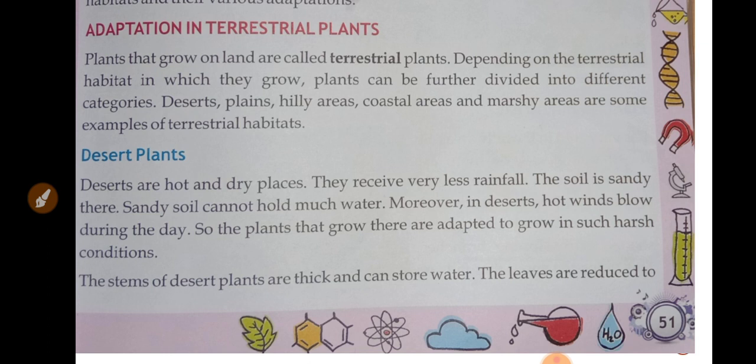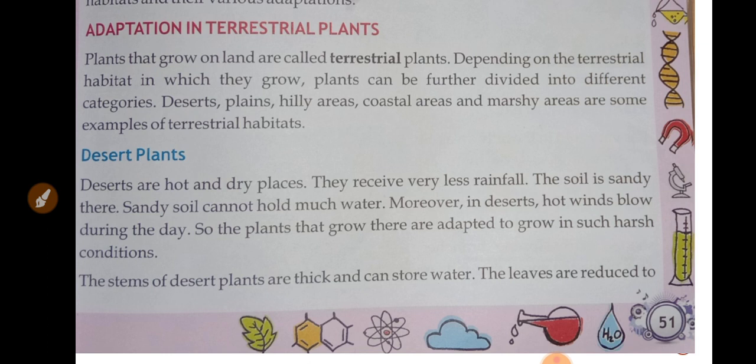Now depending on the terrestrial habitat in which they grow, plants can be further divided into desert plants, plains, hilly areas, coastal area, and marshy areas.